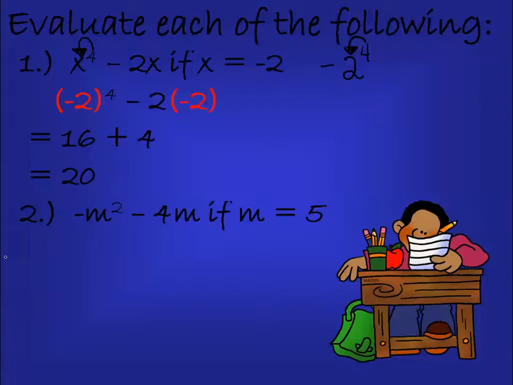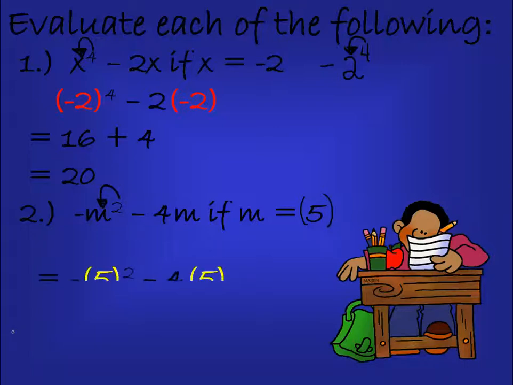In our next problem, notice that although there's a negative in this problem, the exponent does not apply to it because the exponent only goes with m. So when I take my exponent of 2, I want to square just the m, or just the 5.